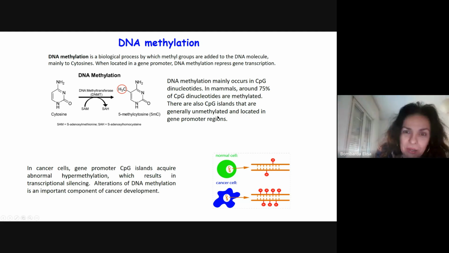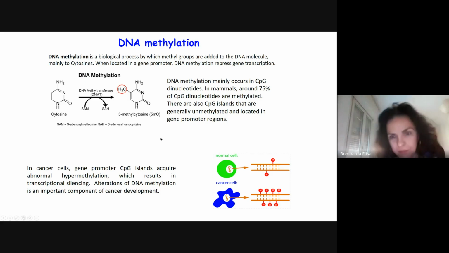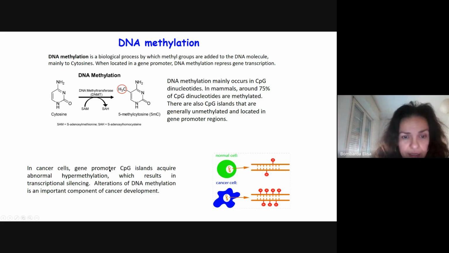Some cytosines are methylated, some not, and the methylation pattern suggests which genes have to be read. In cancer cells, the gene promoter CpG islands acquire abnormal hypermethylation.